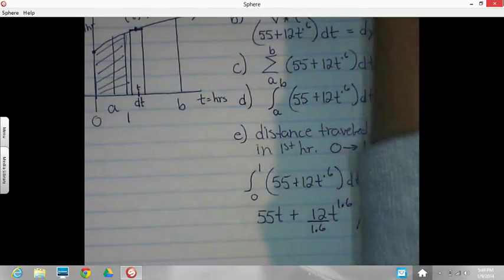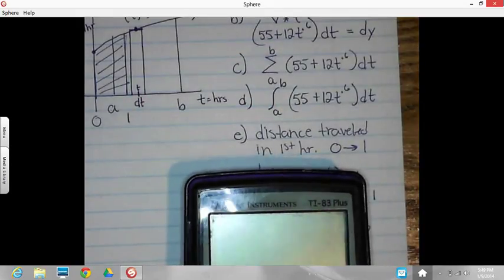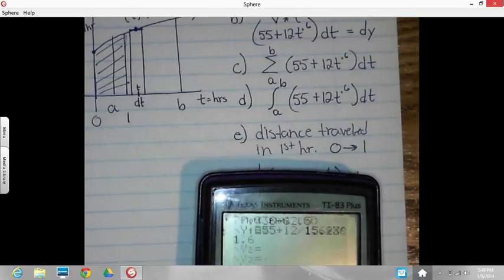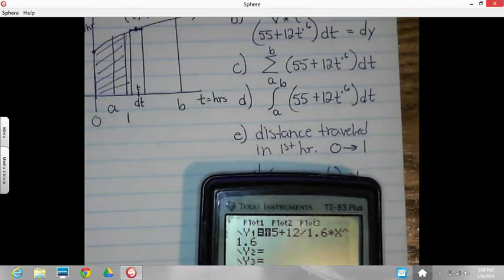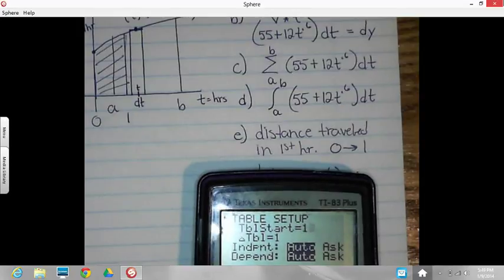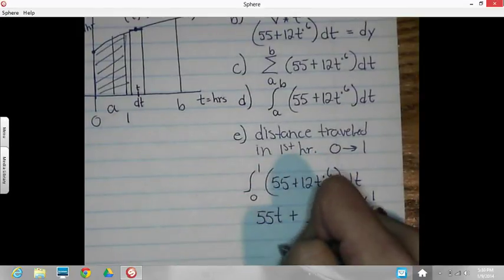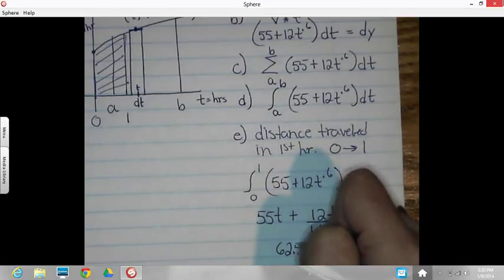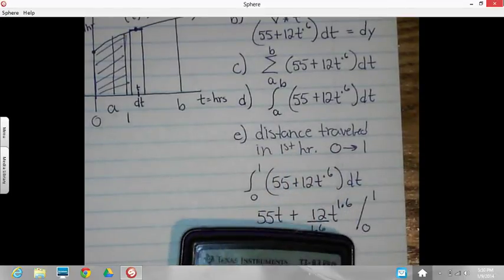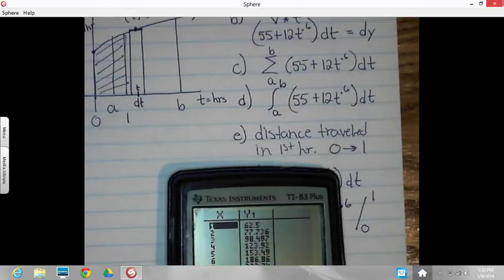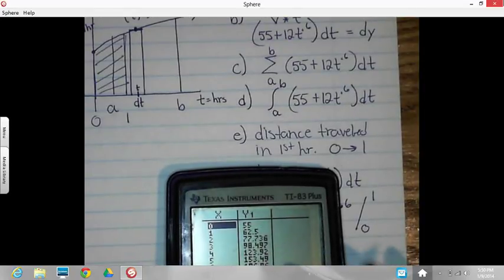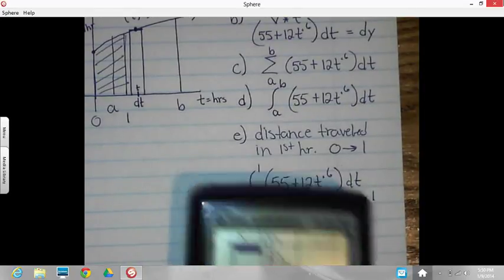And I think I already have it in here. So if I go to the table, have it start at 1. So at 1 hour, 62.5. Minus when I put in 0, 55. Oh, I have the wrong equation in here.